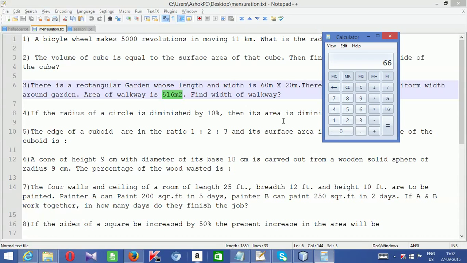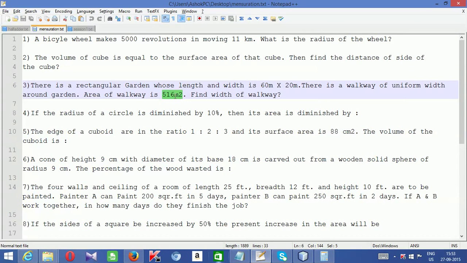So we'll get something like 66 cross 26 minus 60 cross 20, which is 1200, so we'll get 516. So that is the meaning of the question. I'm just explaining to help you understand the meaning and how it is being solved.